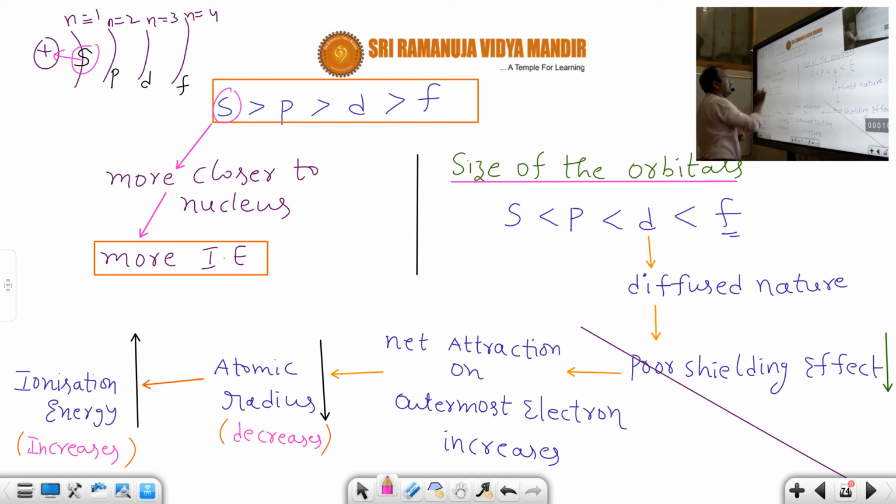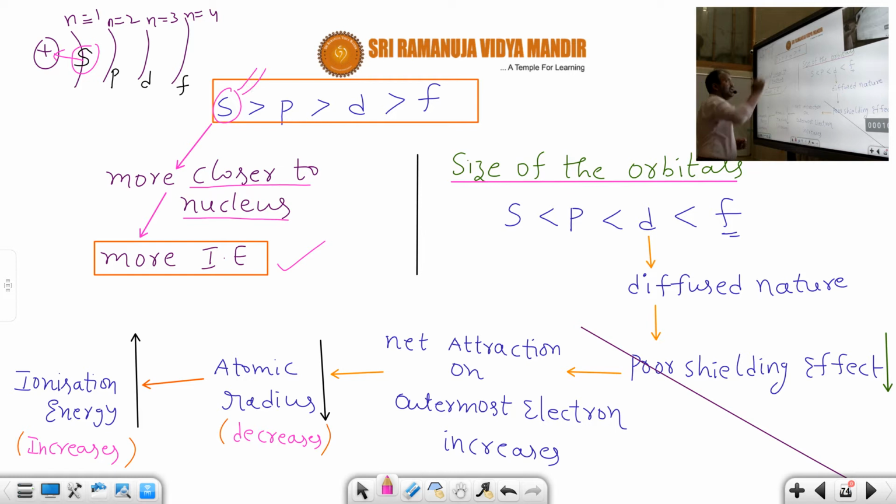It is very close to the nucleus, so the electron is tightly bound due to the greater attraction. Removing it is difficult, so we must supply more energy. So ionization energy is more.